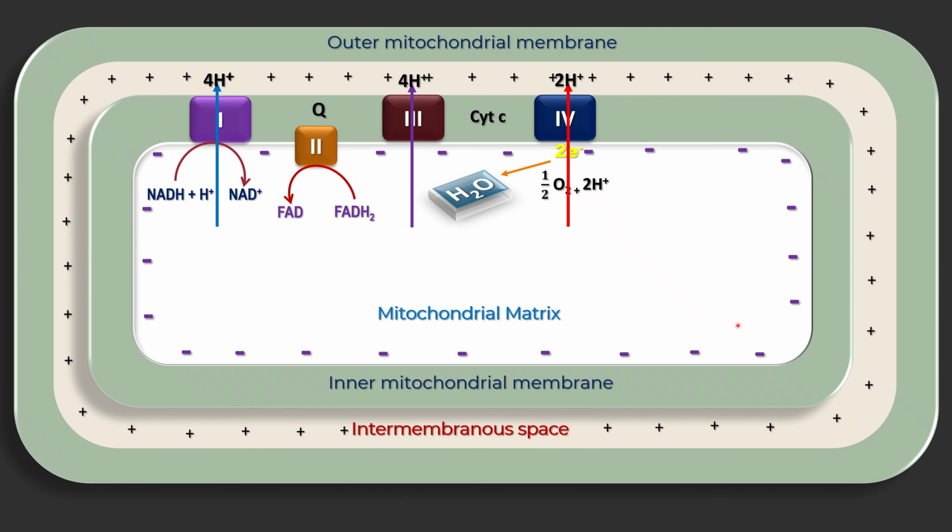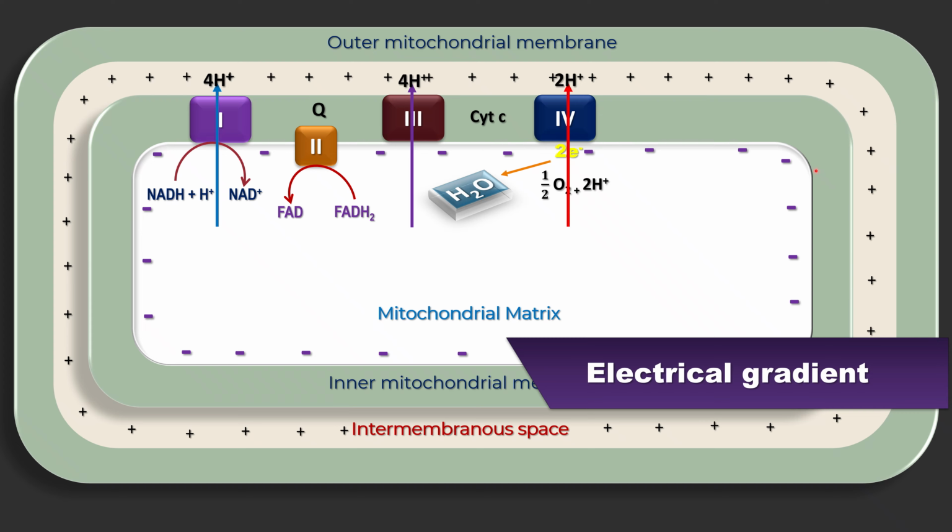You can see more positive charge in the intermembranous space, whereas there is more negative charge on the mitochondrial matrix side of the inner mitochondrial membrane. That is, more positive outside and negative inside across the inner mitochondrial membrane, creating an electric gradient.